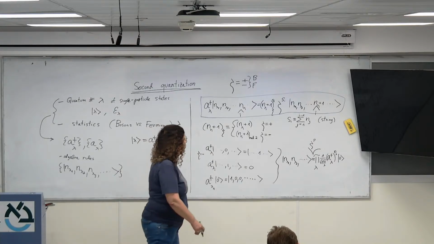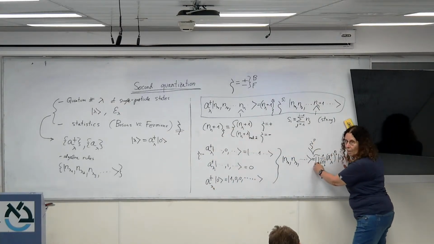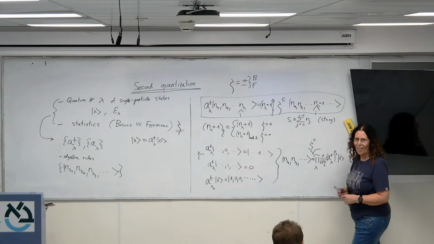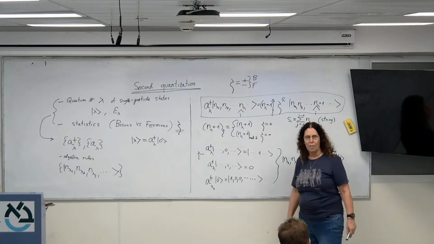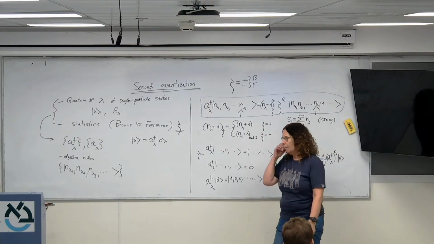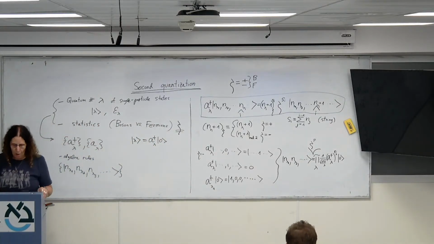Okay, so if you like, what it means is that I can use this as my basis. Instead of writing it like this, I can use this as my basis, and then I don't have to worry about it. Okay, great.